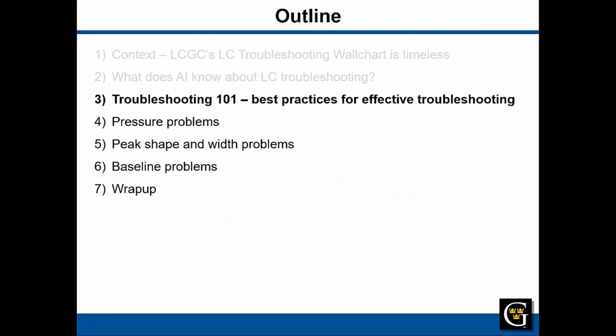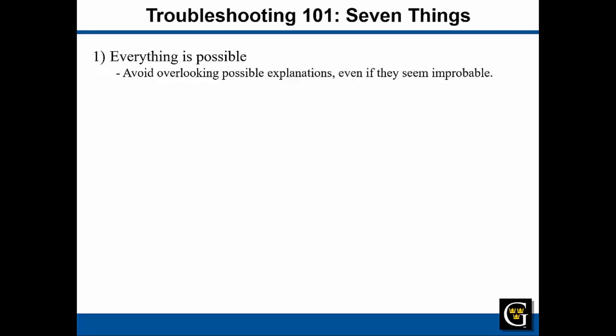So if we then get into our content here, thinking about best practices for effective troubleshooting, I have 7 things that I want to talk about. And the first thing is that everything is possible. I think we have to have this mindset. I say this a lot in my own laboratory to my students and other people I work with.